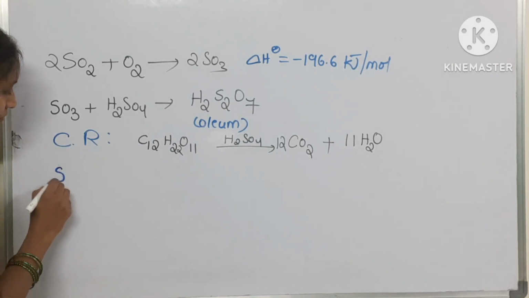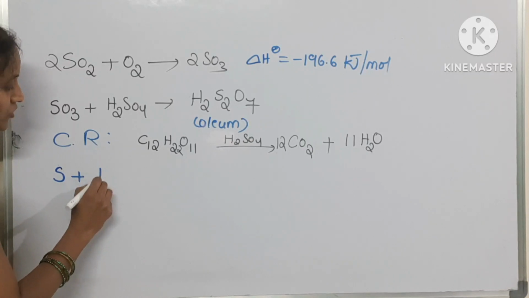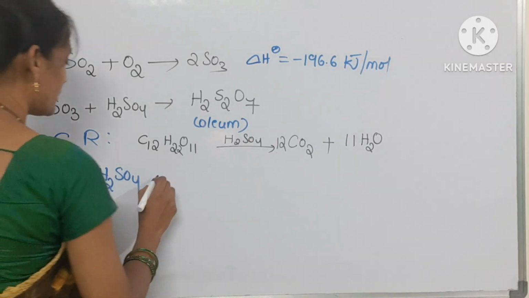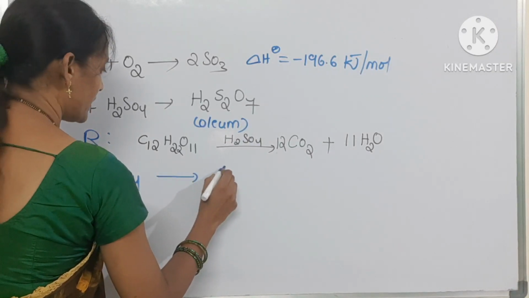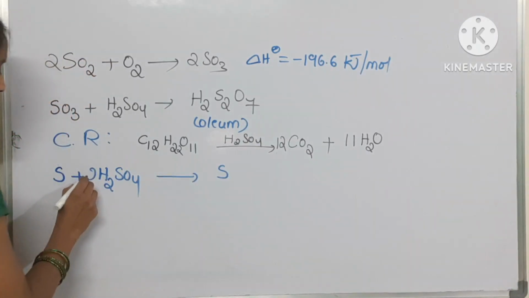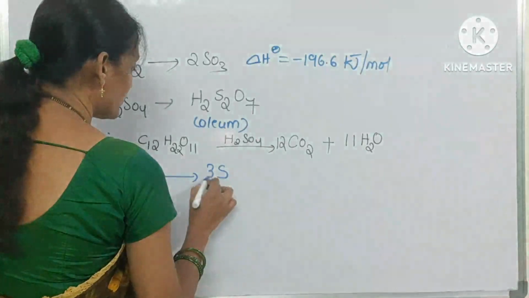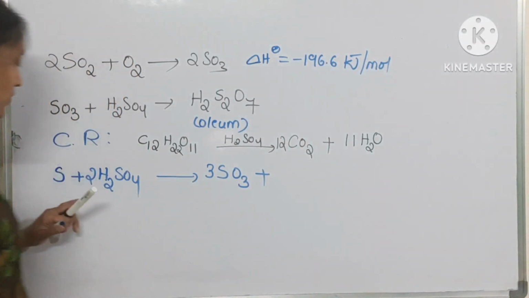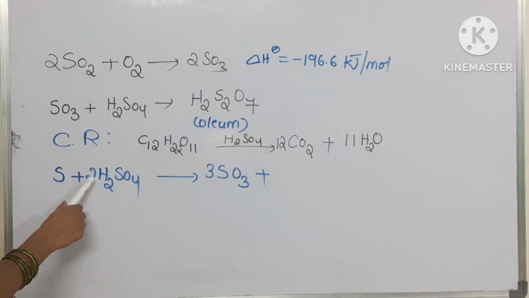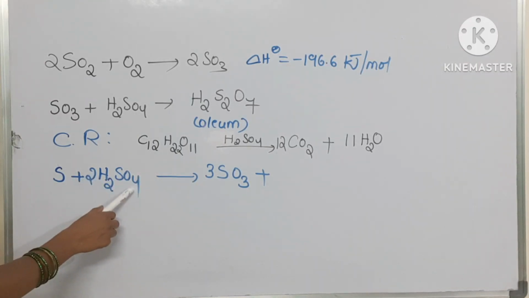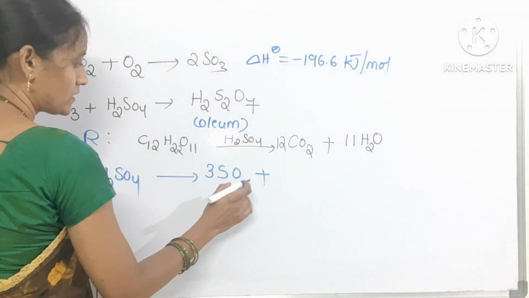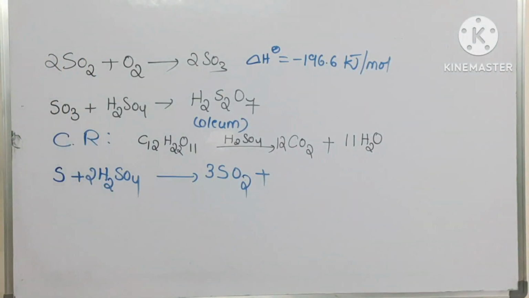If you take sulfur with concentrated H2SO4, you will get, taking 2 moles, 3 moles of SO2.